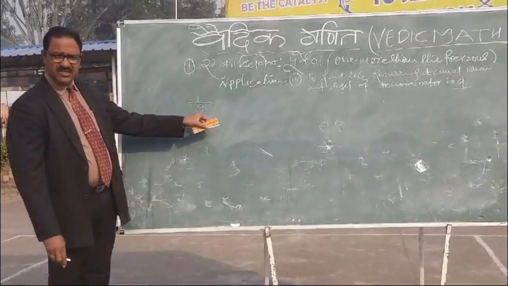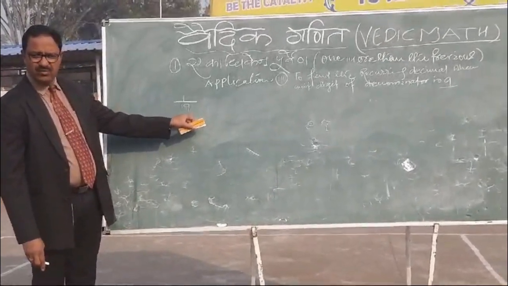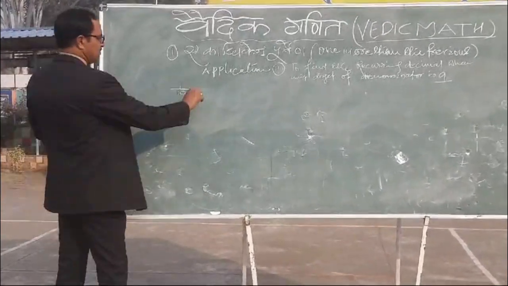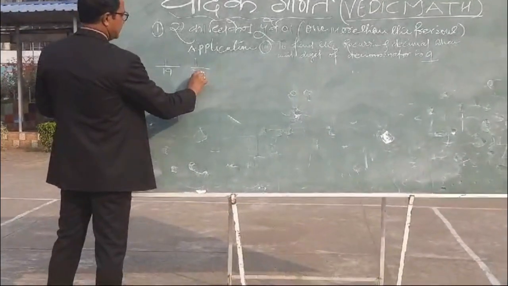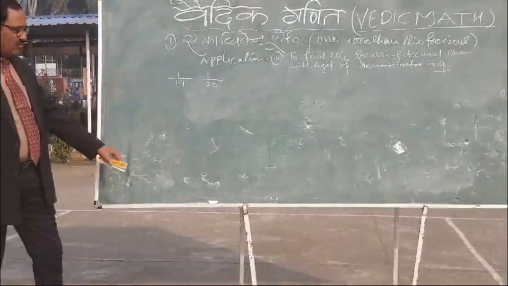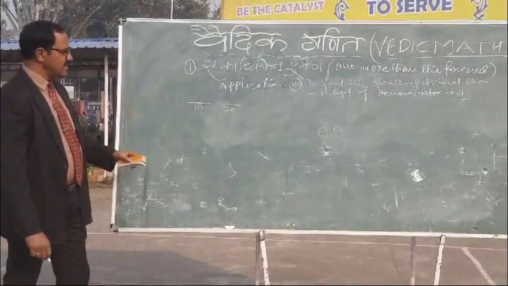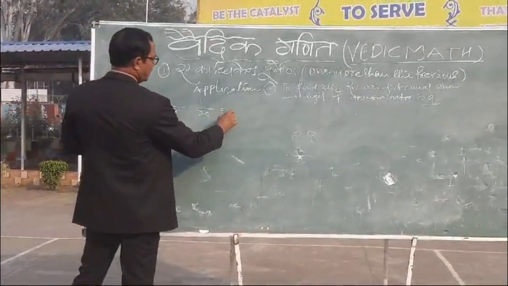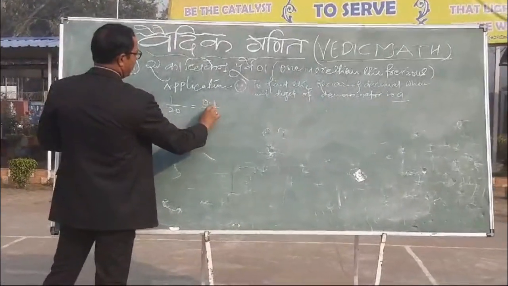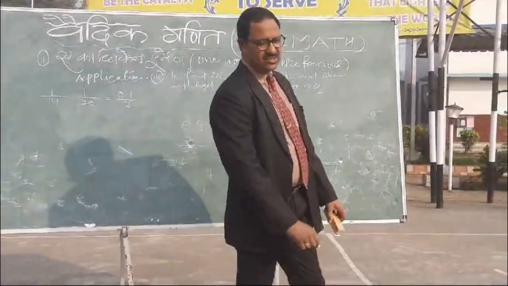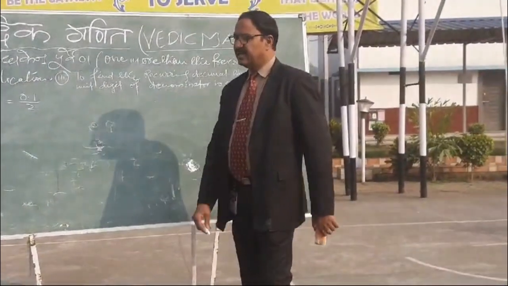Again it is the application of Ekadhikena. One more than 19, that is 20. Yes, you can write it very easily. And then we simplify this. 1 by 20 is what? 0.1 by 2. Can you write it?